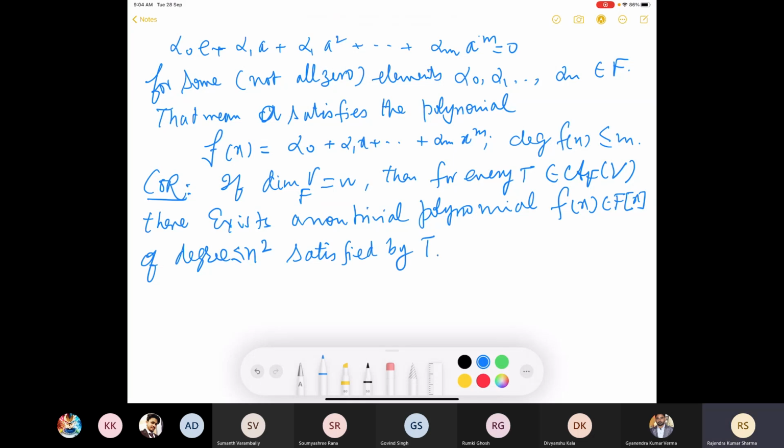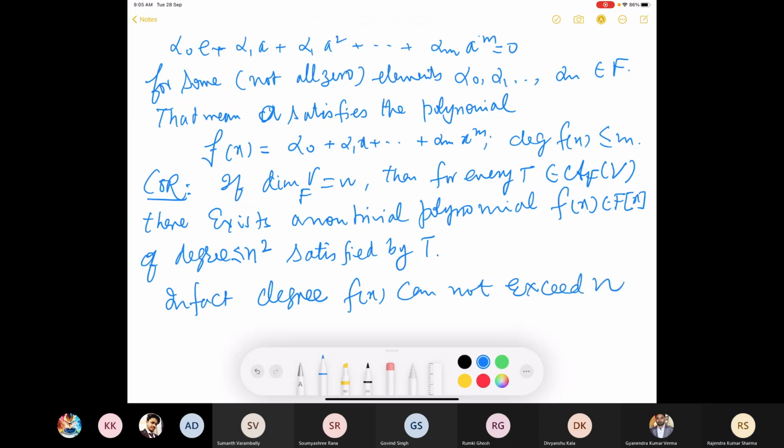So every linear transformation on a finite dimensional vector space of dimension n will satisfy a polynomial of degree at most n square. In fact, the degree of f(x) can be made not to exceed n.